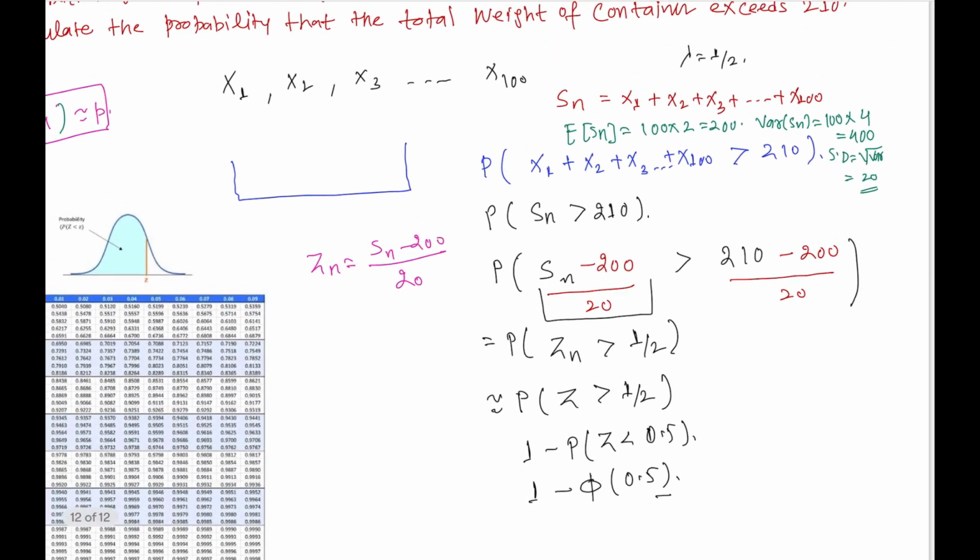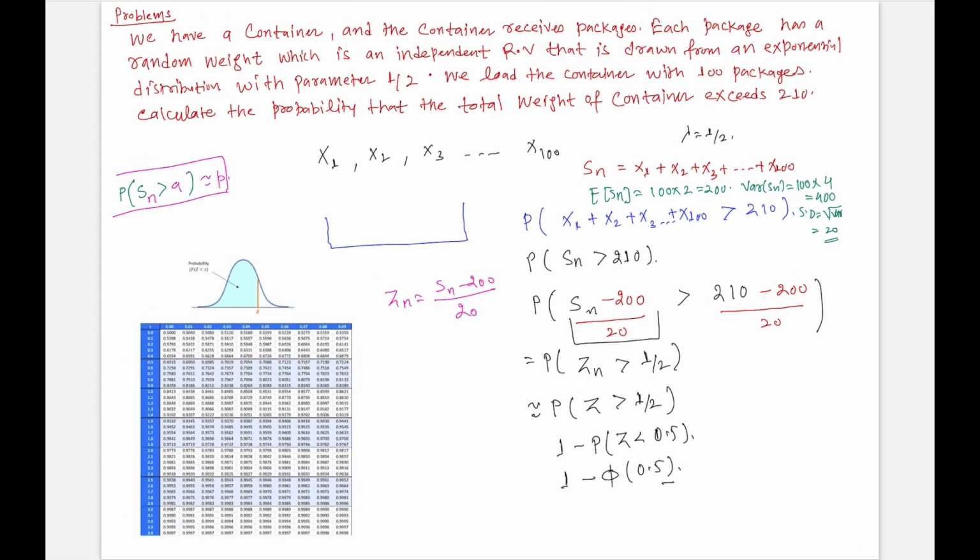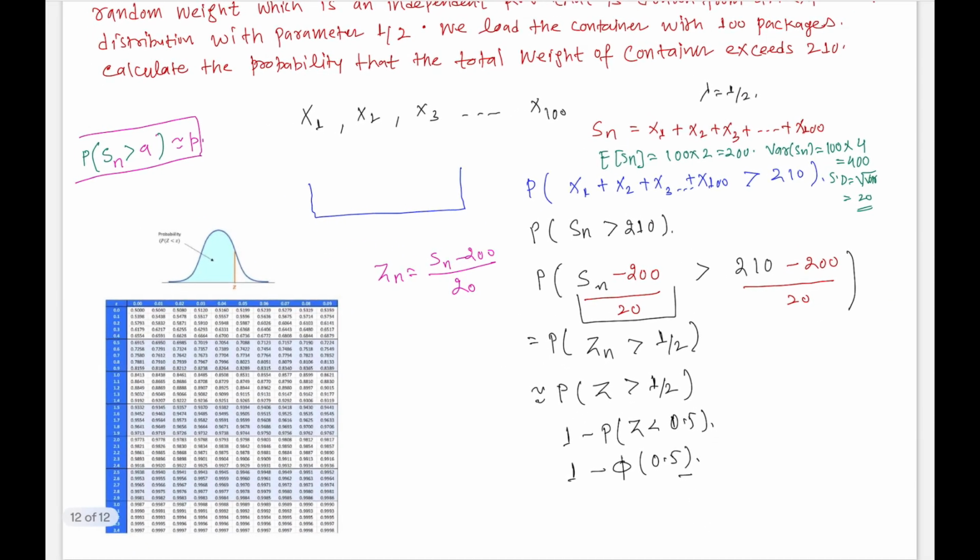So this probability is 1 minus 0.6915, and if you calculate, that will be approximately 0.3085.